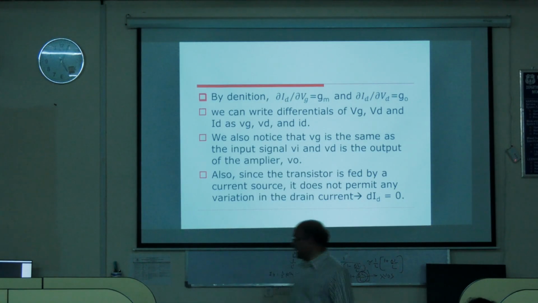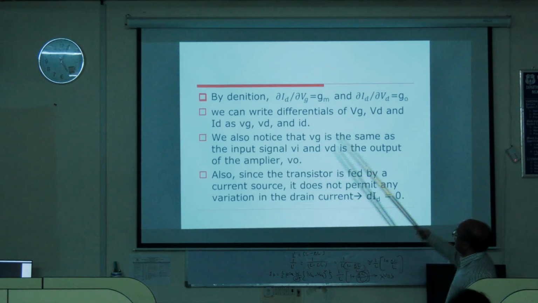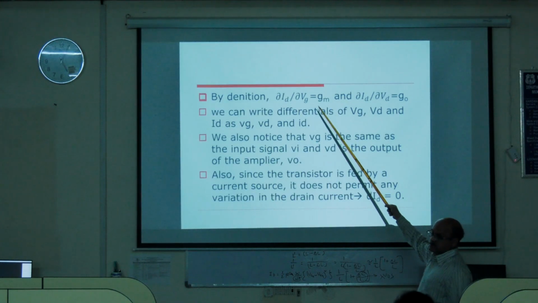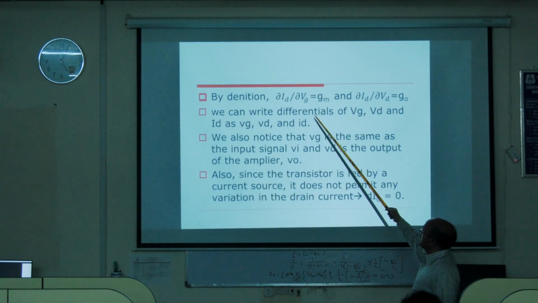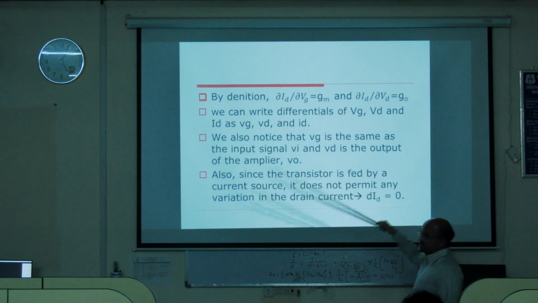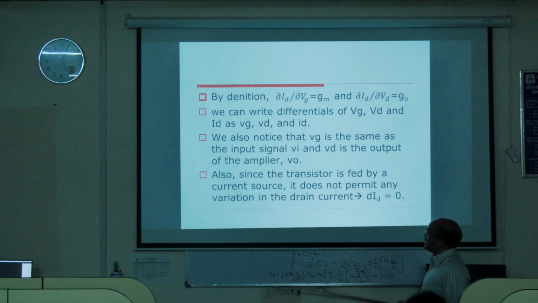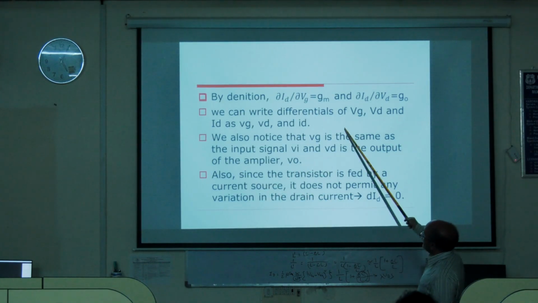By definition, dou ID by dou Vg is gm, and dou ID by dou Vd is g0. So dou Vd by dou ID is R, the reciprocal of g0.